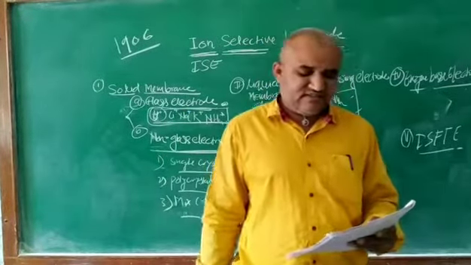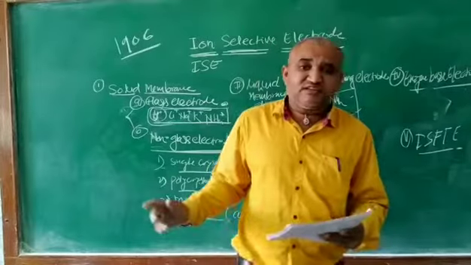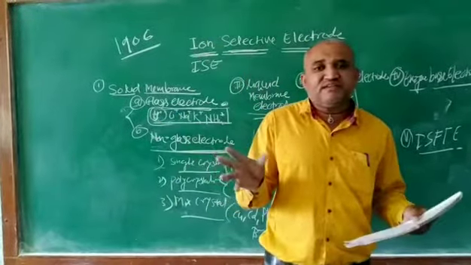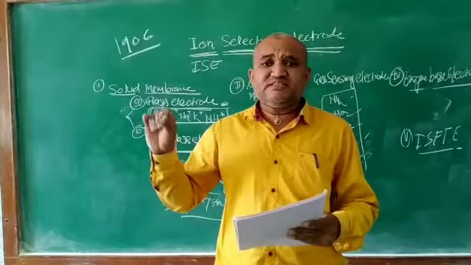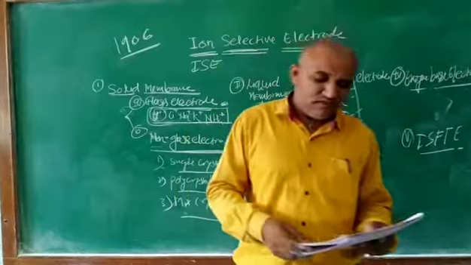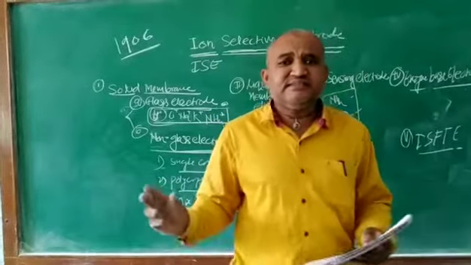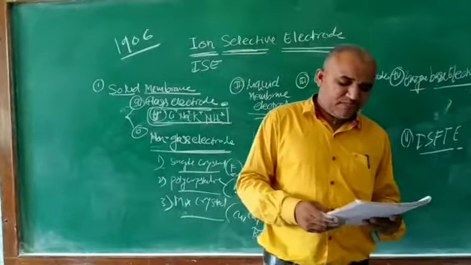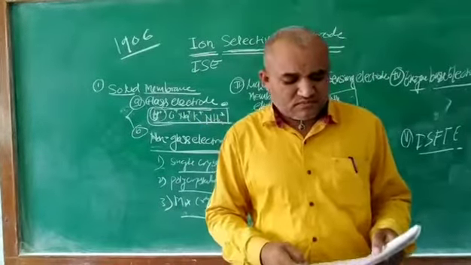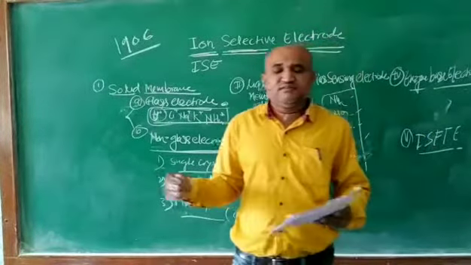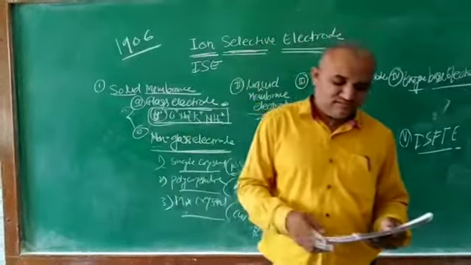Third, they have a wide range of concentration measurement. Ion selective electrodes can measure down to 10 to the power minus 6 molar concentration. And the ISE can be used in colored solutions or turbid solutions. ISE is also useful for biological fluids, blood samples and others.